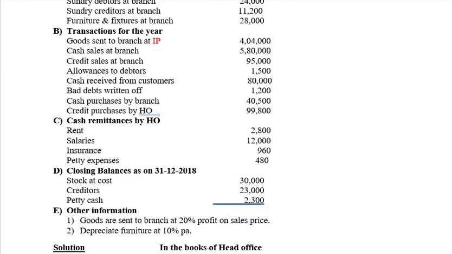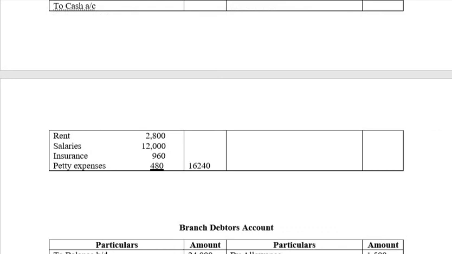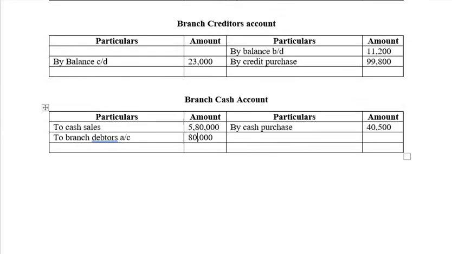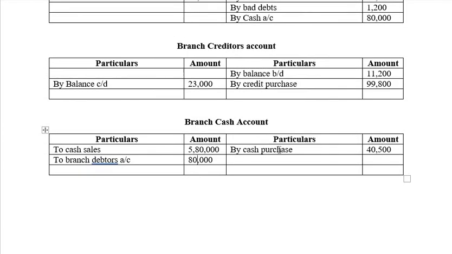So the entry will be in the cash account. What is the amount? 40,500. So let's go to the cash account, by cash purchase 40,500.